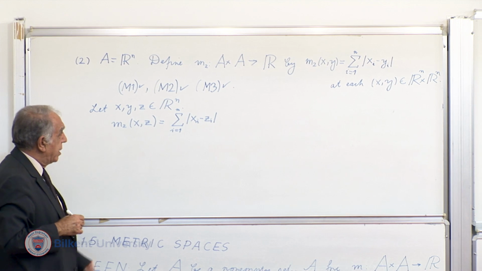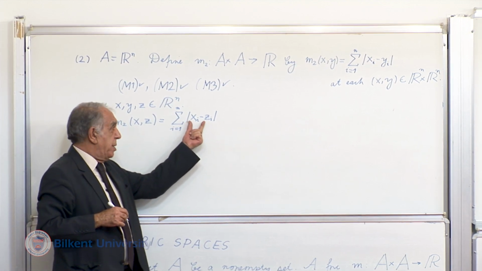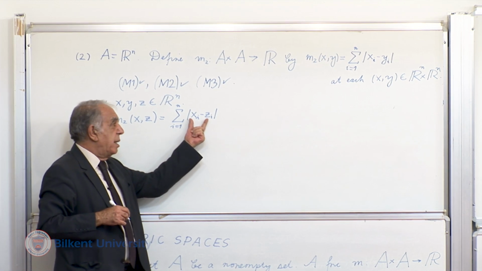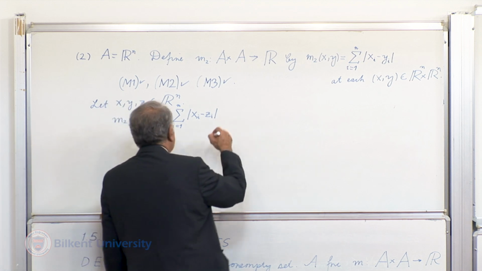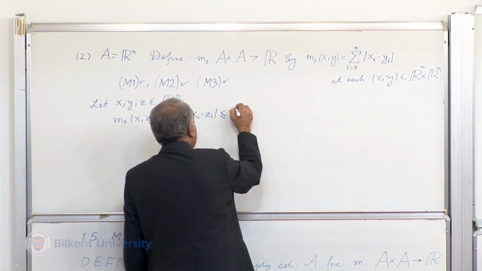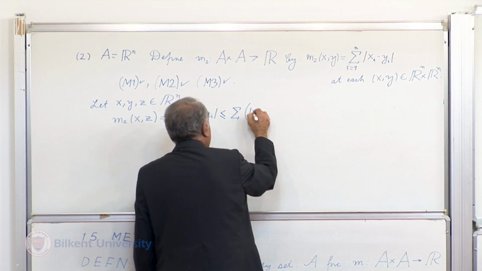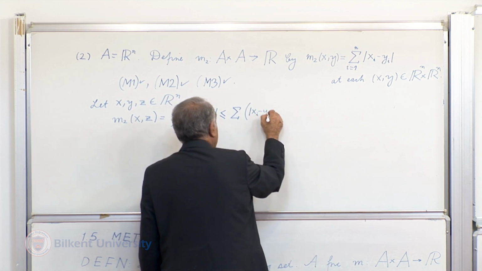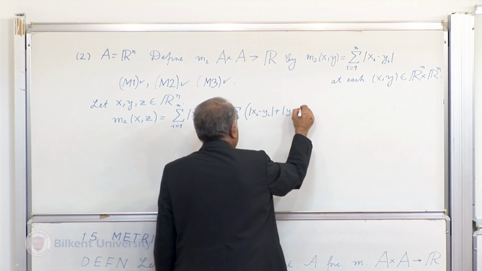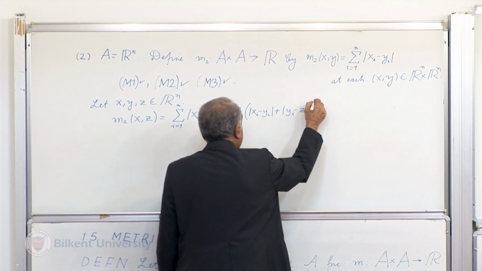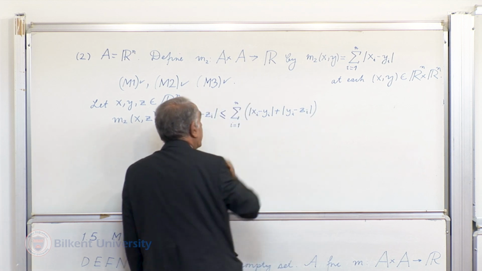Now, for each of these terms, xi and zi, they're real numbers. This is the usual norm, so we have the triangle inequality satisfied. This is xi minus yi plus yi minus zi, i equal to 1 to n.